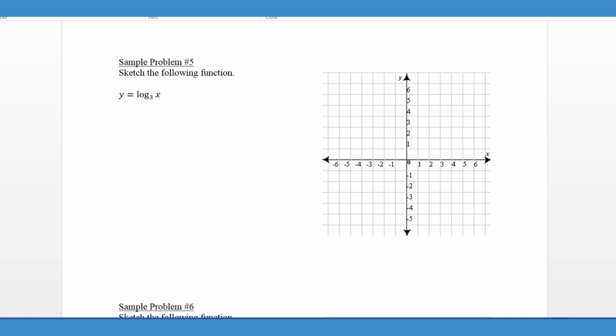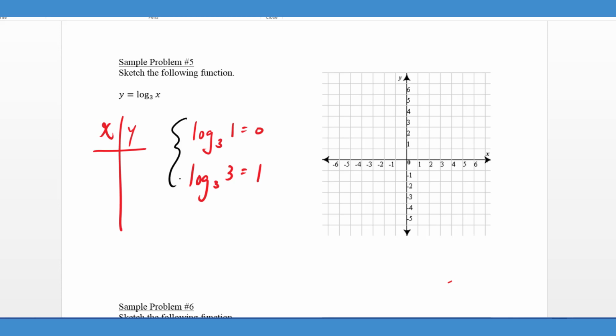Okay, if I look at sample problem number 5 here, if I were going to do this with a basic t-chart, if you recall, log base 3 of 1 was going to equal 0 and log base 3 of 3 was going to equal 1. These were two properties at the beginning of the notes in a concept box that I said were very important.